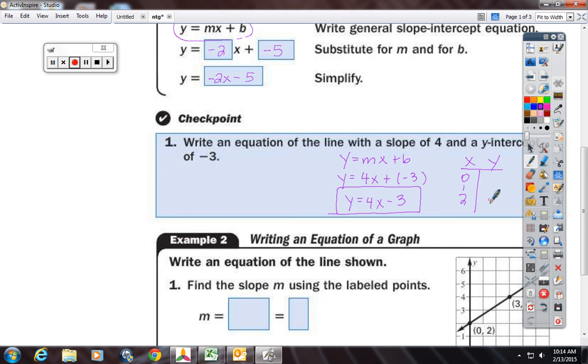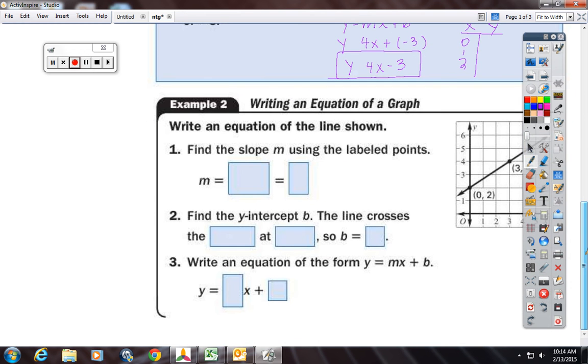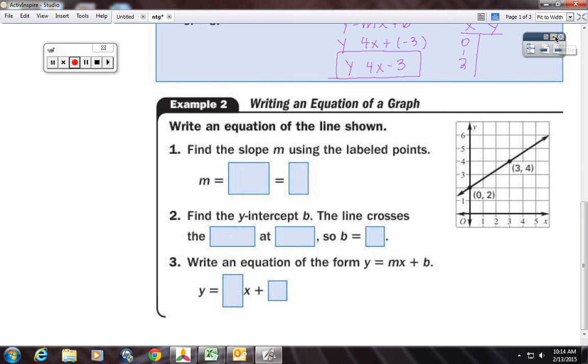Now, this next example says, write an equation of a line, and we're looking at the graph. The easiest thing to find is b. And what did I say b was in the equation? The y-intercept. The y-intercept is where it crosses what? The y-axis. So can we see where this line crosses the y-axis? Yeah.